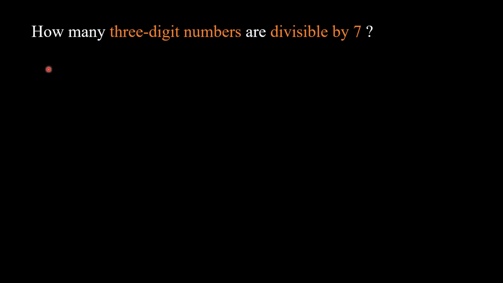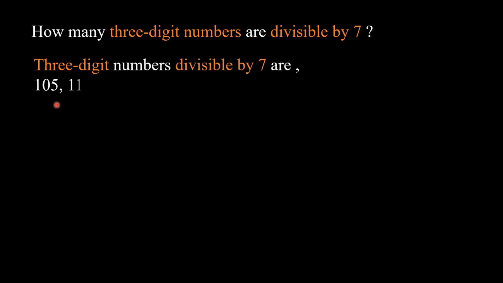Such 3-digit numbers will be 105, 112, 119, and so forth, and the last 3-digit number divisible by 7 will be 994.